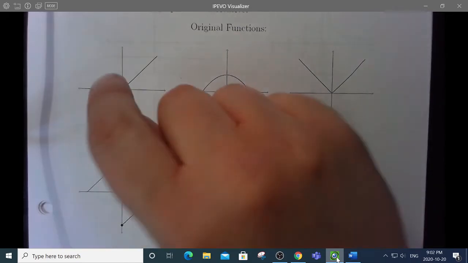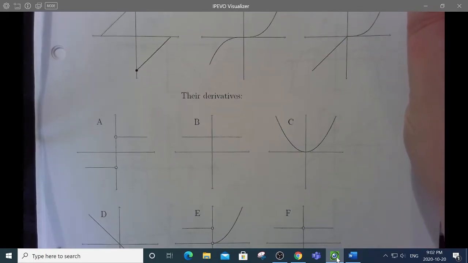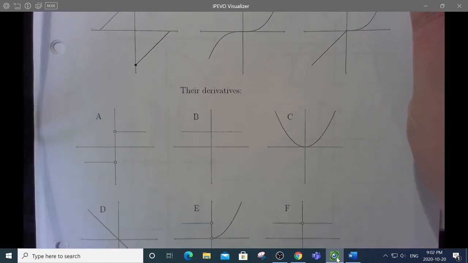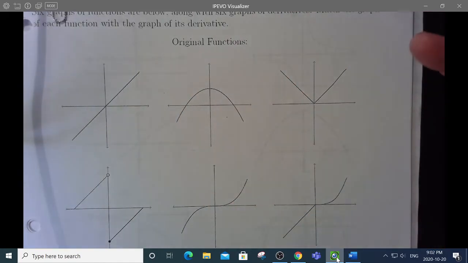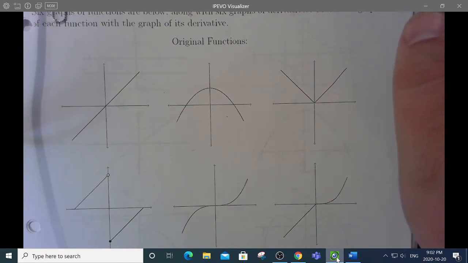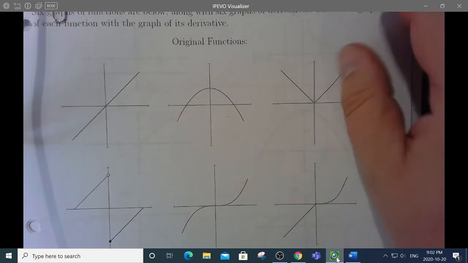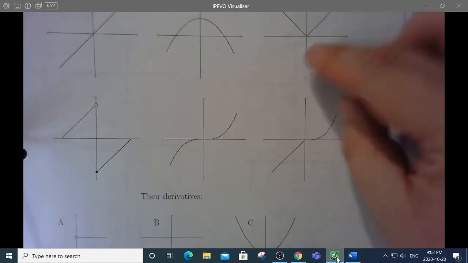Now remember, the slope of this thing everywhere is the same, so which of those lines is always the same value? Let's think about that. This thing is going to be some sort of x squared. You know that derivatives are always one degree down from their original function. So if this is an x squared, I'd be looking for something on here that would be an x. And then, hey, we just talked about this guy.